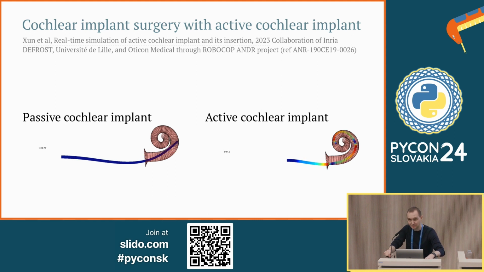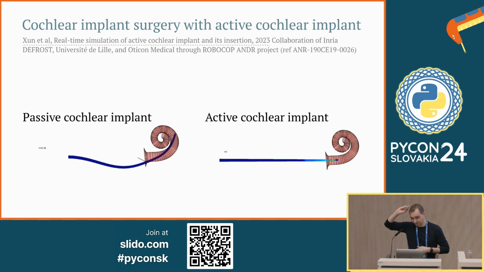So here's a little example from a collaboration with the University of Lille, INRIA, and Optical Medical Company, where they developed an active cochlear implant and tried to compare that to the passive cochlear implant. The passive cochlear implant, as you see on the left, is this wire that tries to get into this snail, into the cochlea.